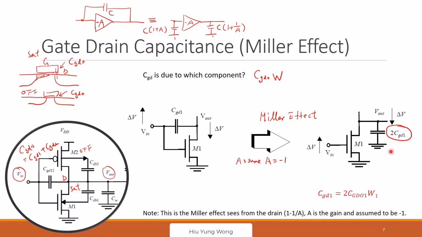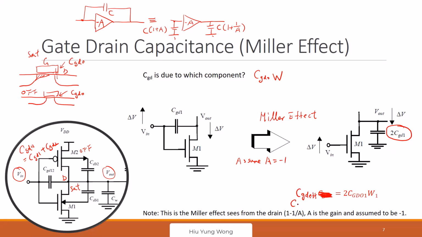Okay. Now I realize that this may give you a little bit of confusion, because we call this one CGD1 here, and it just becomes CGD1. So I think the best is, sorry, I should change to another symbol. Just call it CGD effective, right? Equal to this one.